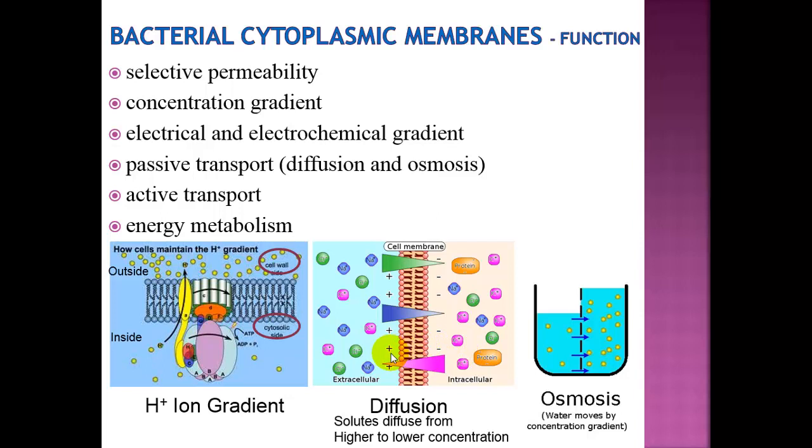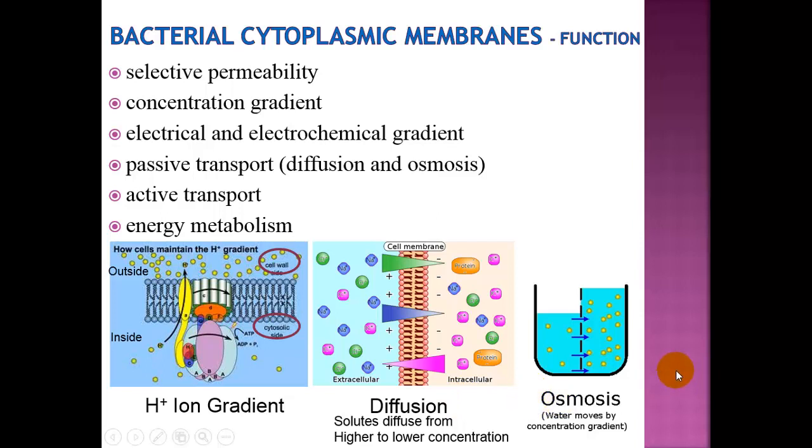What is to be noticed also is that there is a net positive charge on the outside of the cell over here and a net negative charge on the inside of the cell. This is known as an electrochemical gradient.